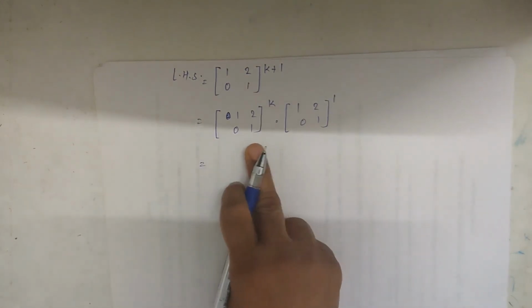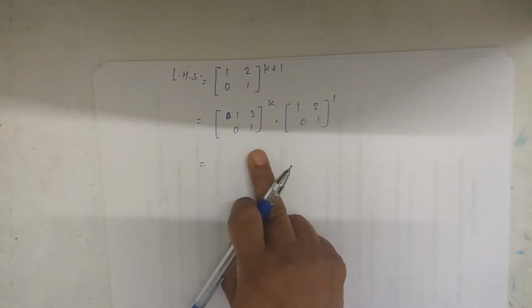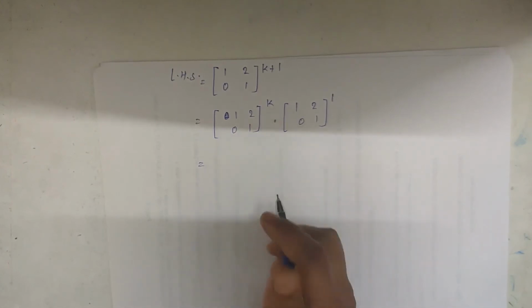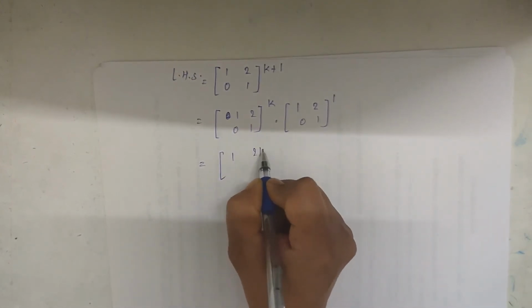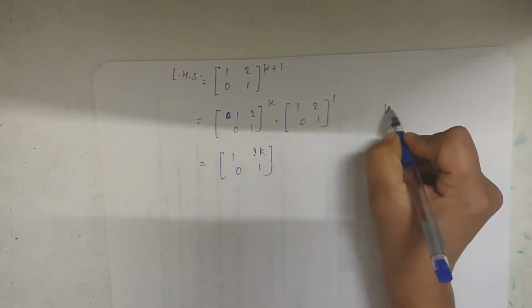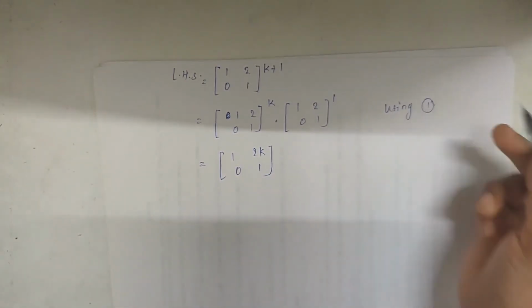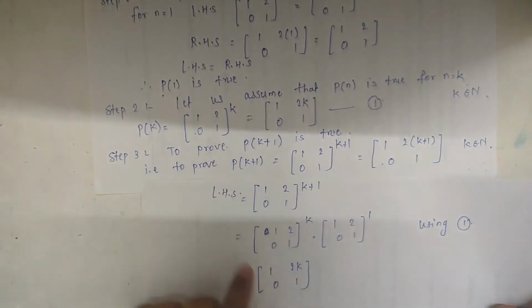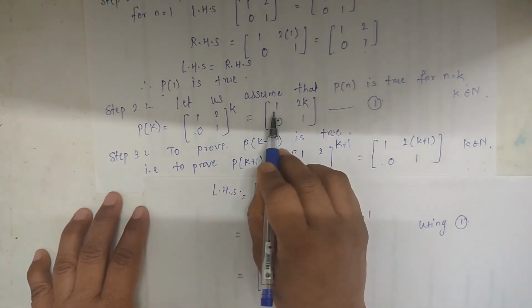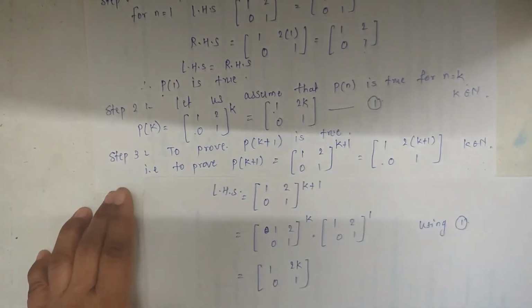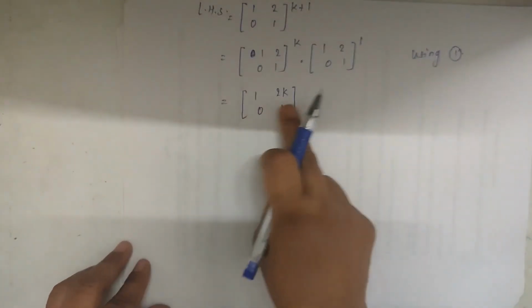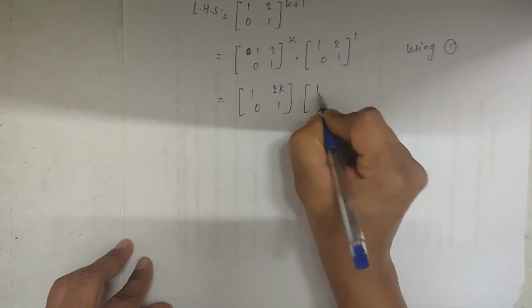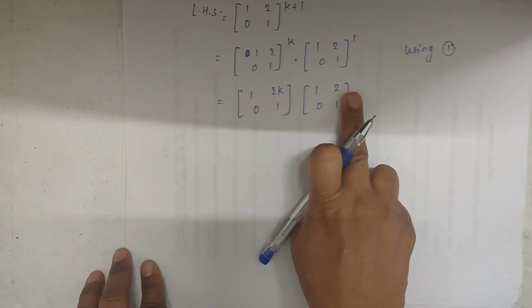But from equation 1, the value of the matrix 1, 2, 0, 1 raised to k is equal to the matrix of elements 1, 2k, 0, 1. So we can write the value of this matrix as 1, 2k, 0, 1 into the second matrix 1, 2, 0, 1. There is no need for the index 1.